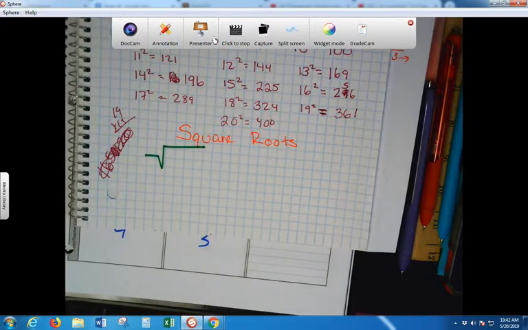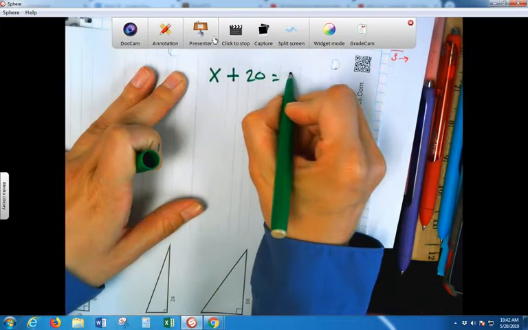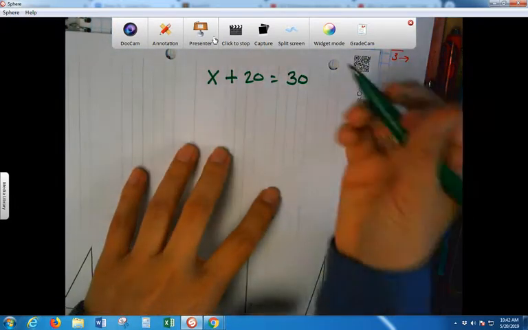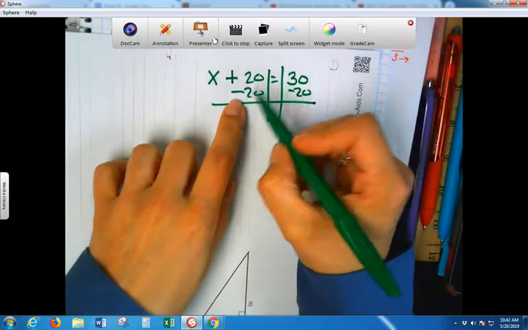Now, the square root is the opposite of a square. So, what does that mean? Do you guys remember? You know when we had this? I know it's easy. But how did we solve this? Like, what mathematically did we have to do? Minus 20, minus 20, right? Why did we minus? Because this was adding, right?